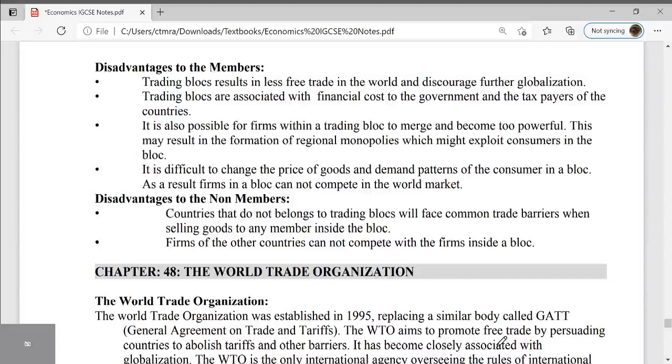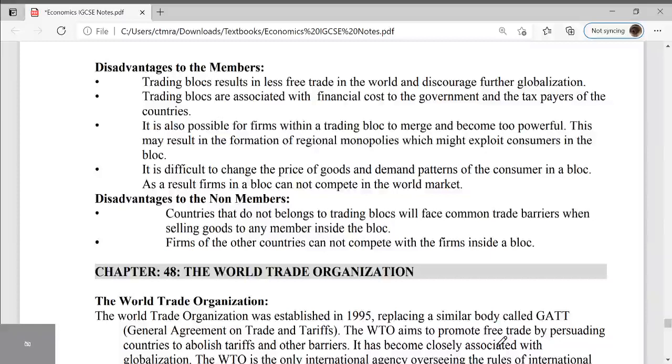And it is difficult to change the price of goods and the demand pattern of the consumer in a bloc. As a result, firms in a bloc cannot compete in the world market. These blocs are covering a huge amount of regions, so among them the demand pattern is quite different.